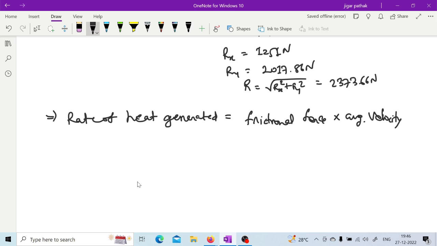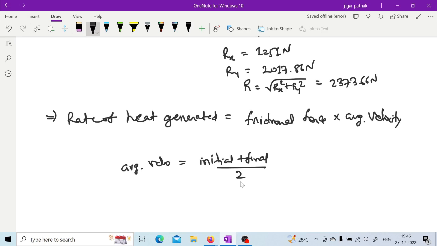u1 plus u2 by 2. Actually you need to consider both velocities, right? So final velocity and initial velocity, and then you need to take the average. So the average velocity is initial plus final divided by 2.